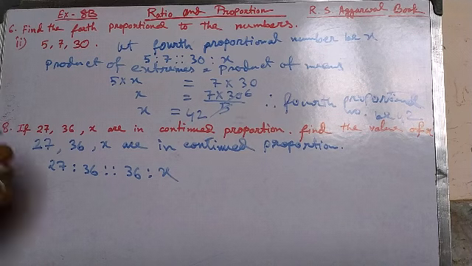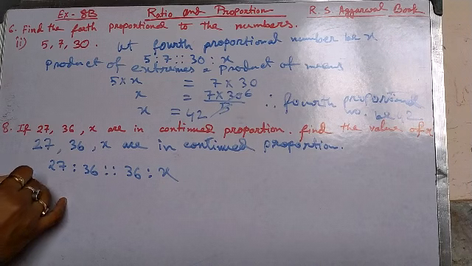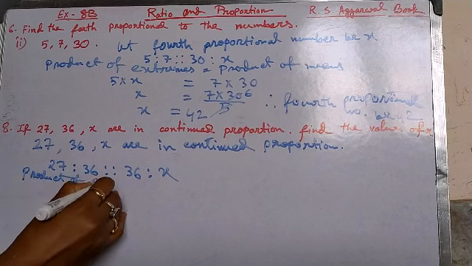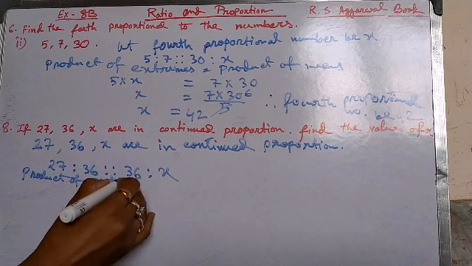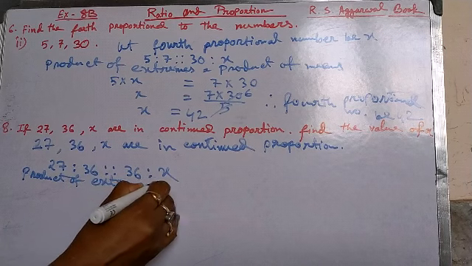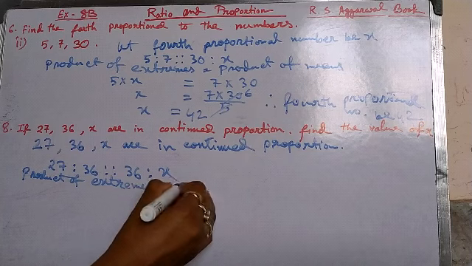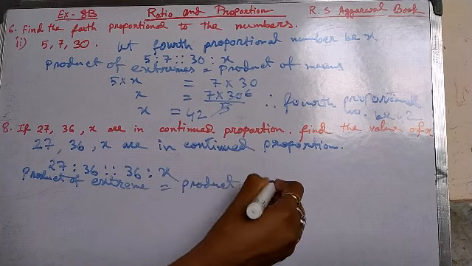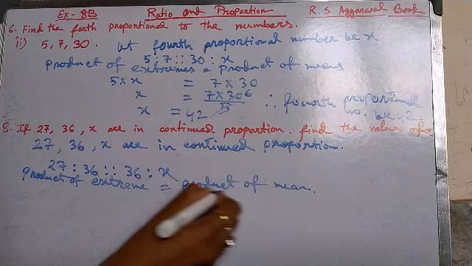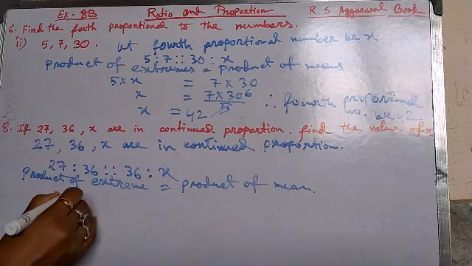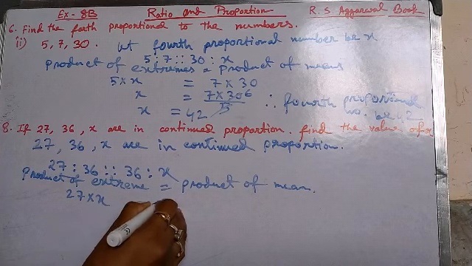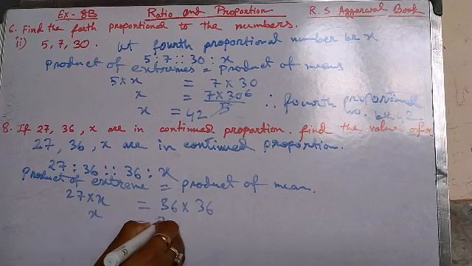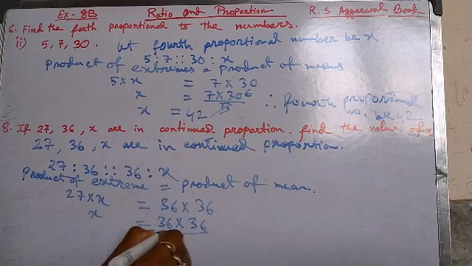Then same formula, product of extremes equal to product of means, then 27 into x equal to 36 into 36. So x equal to 36 into 36 by 27.